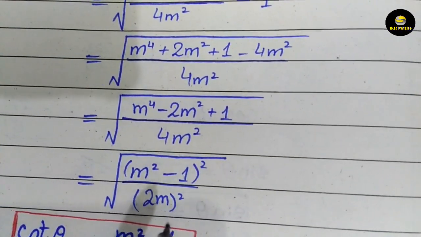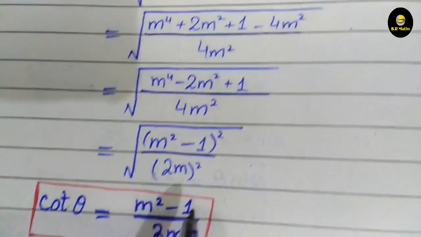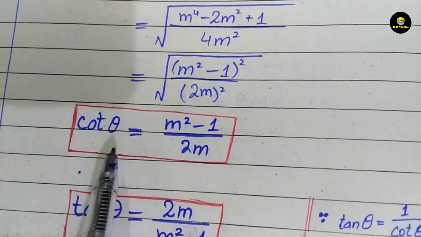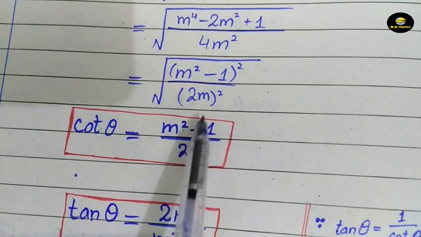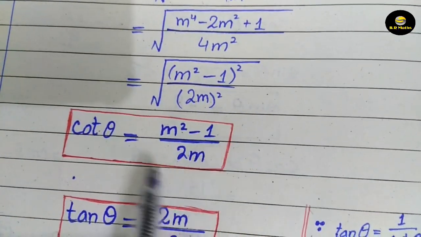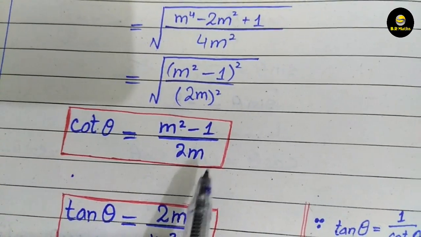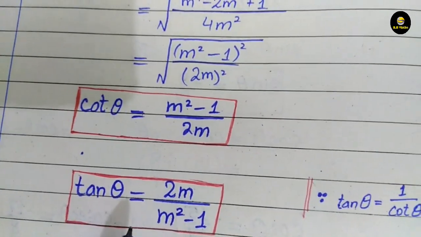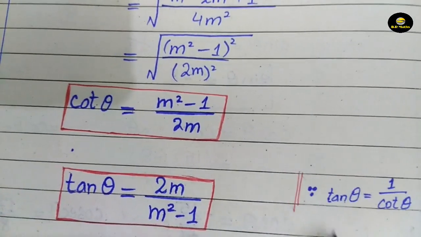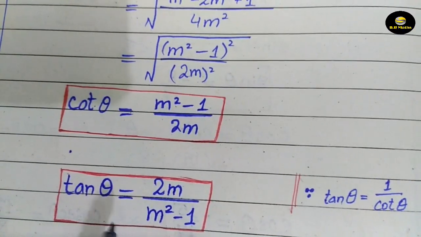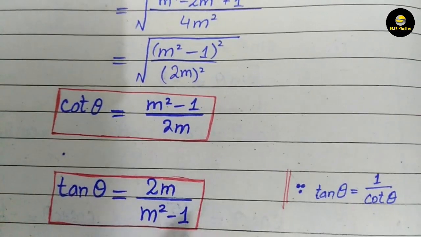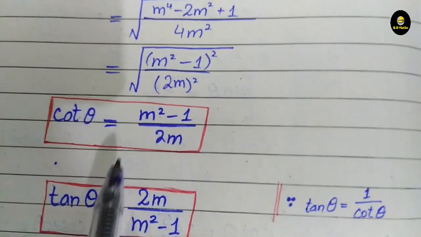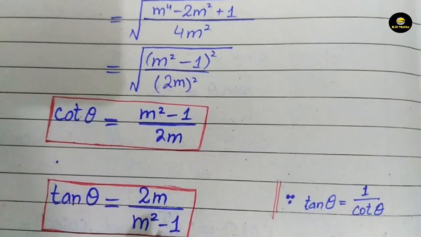So student, in numerator and denominator both is a whole square. So the square root cancels, and the value of cot theta is m square minus 1 divided by 2m. Student, if cot theta is this, then tangent is the reciprocal of cot. So tan theta is equal to 2m divided by m square minus 1. Okay. So these are two values, cot and tan.